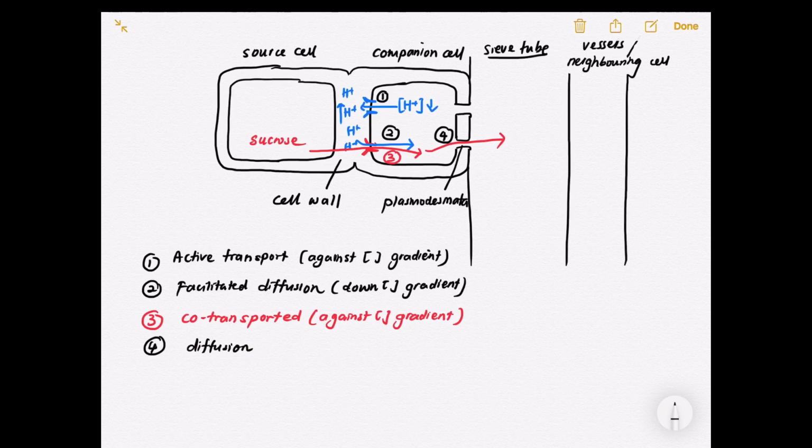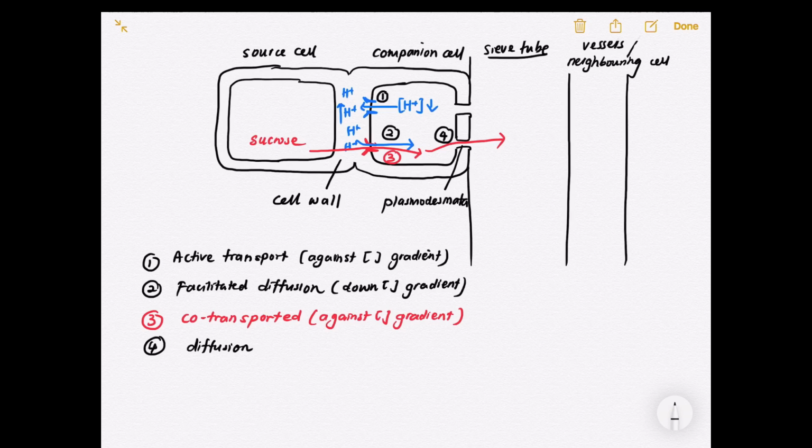So you will see that in the active loading of sucrose, it has involved 3 different types of transport. First one is active transport against the gradient. Number 2 and 3 are a type of facilitated diffusion, but one is down the gradient and the other is against the concentration gradient. And the last step will be diffusion through the plasmodesmata.